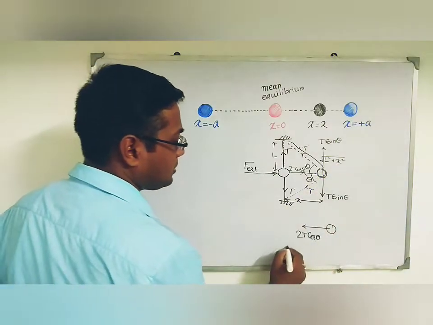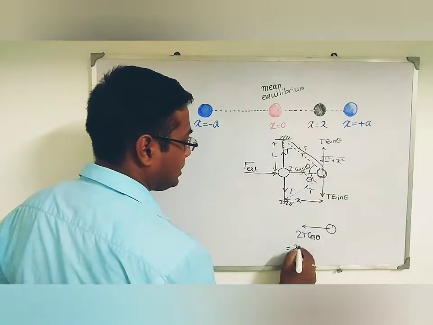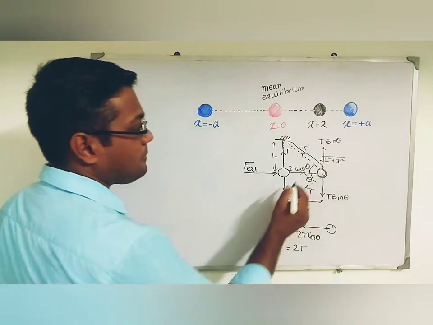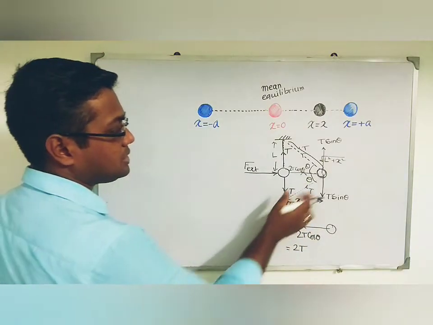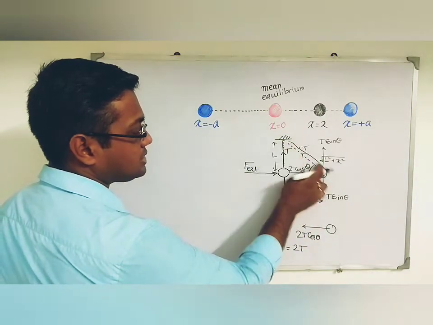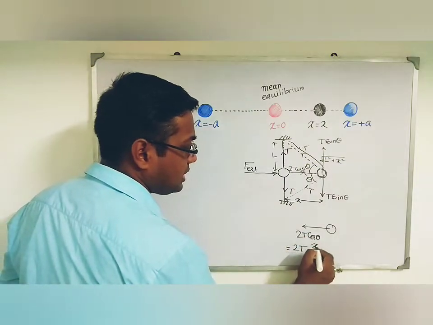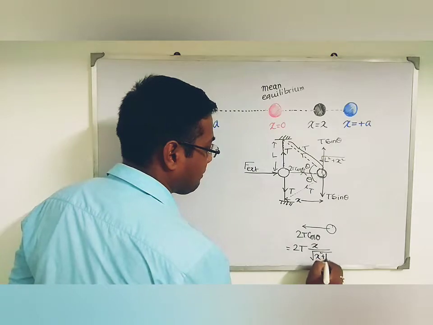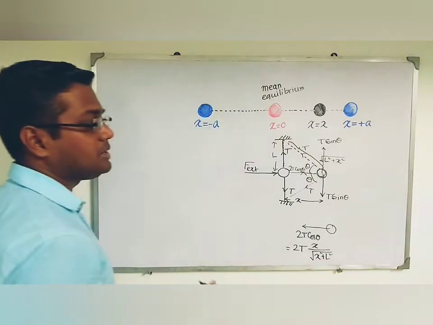So what is the force? It is 2 capital T cos theta, and cos theta means base divided by hypotenuse. This is x and this is the hypotenuse. So I can say it is x divided by root over of x square plus capital L square.